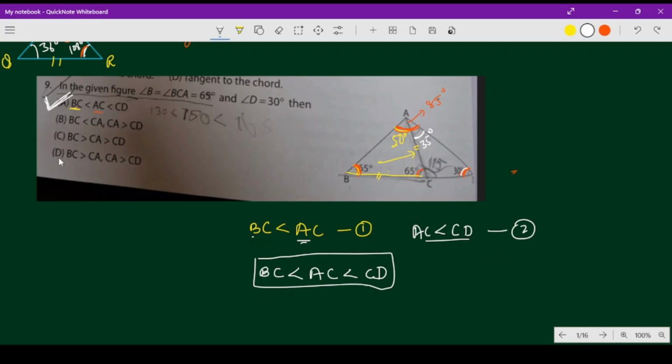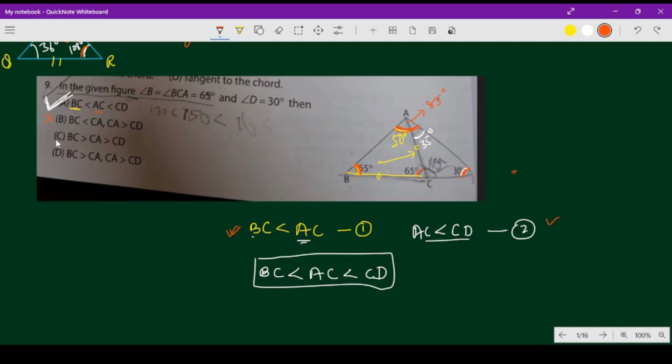Okay, so let's check the second option. To check whether this is correct or not, we need to compare BC and AC. The first relation is correct, already we have seen this. Now here CA is greater than CD, which is not correct from the second inequality, so option B is not correct.